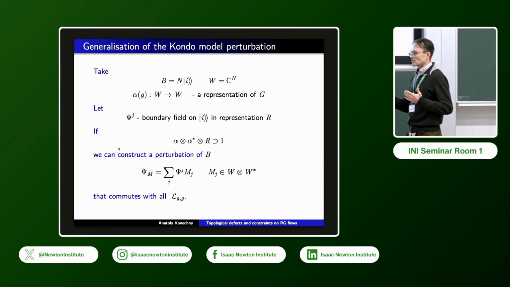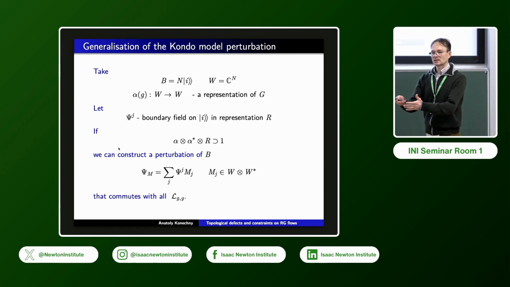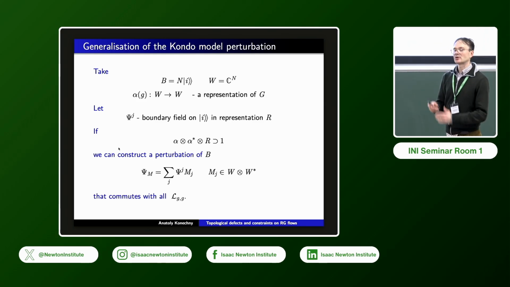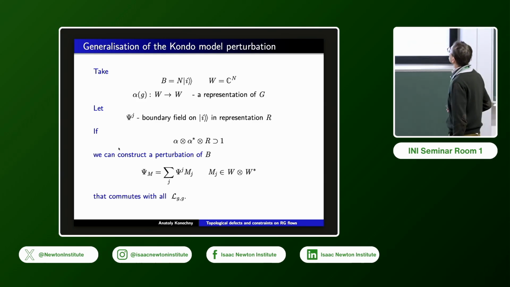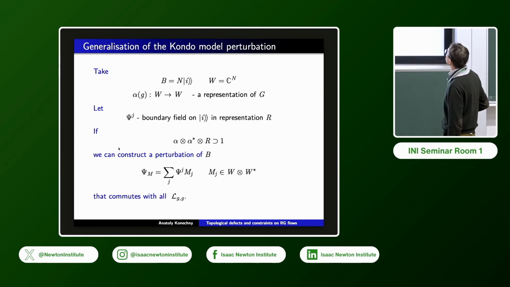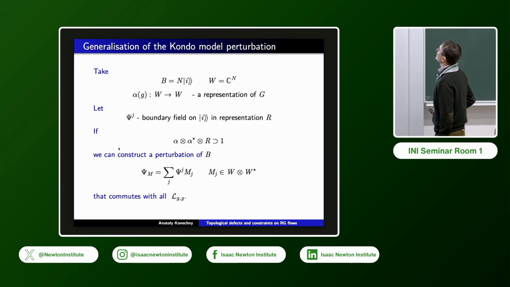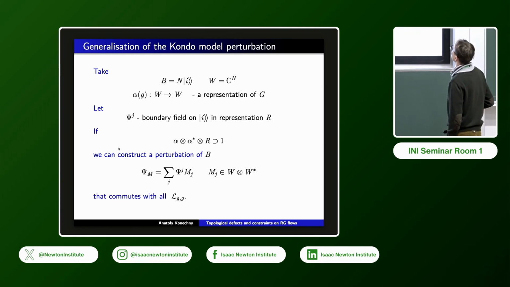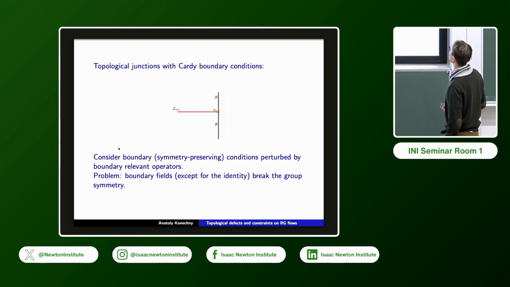To engineer flows which will end up in a symmetry-preserving boundary condition, we start with a superposition of identical copies of the boundary condition, and then, so this alpha is the junction.